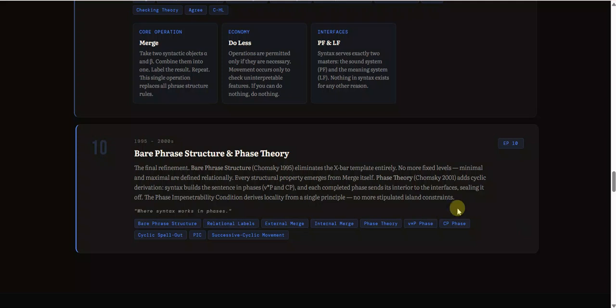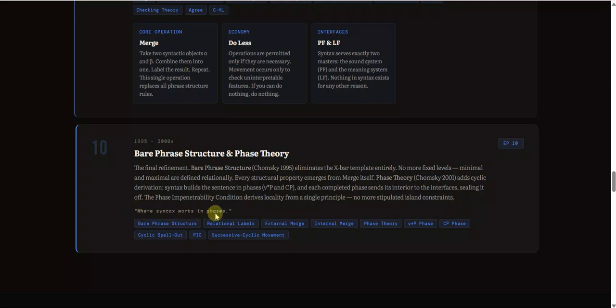Then the Phase Impenetrability Condition, that is PIC, derives locality from a single principle, no more island constraints.